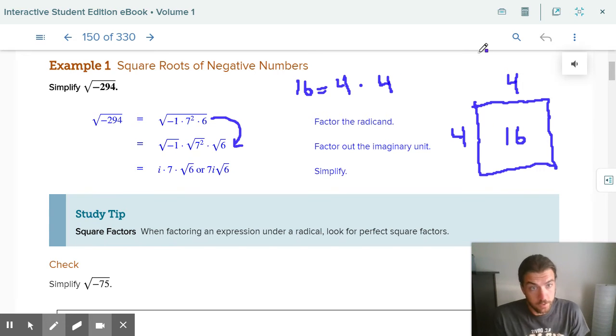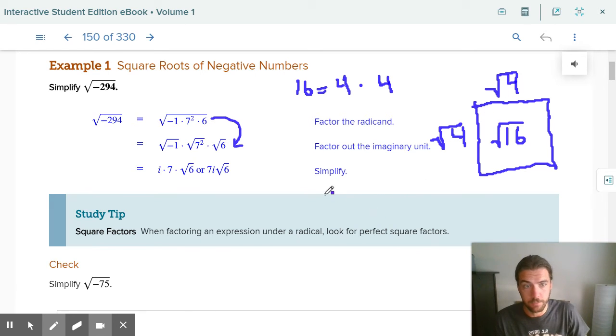Now, this is one that just kind of works out nicely. If instead of saying 4, I said the square root of 4, the square root of 4, and the square root of 16. Well, the square root of 4 is 2, so we'd have 2 times 2, and the square root of 16 is 4, so we'd have 2 times 2 equals 4. We'd get the same thing.